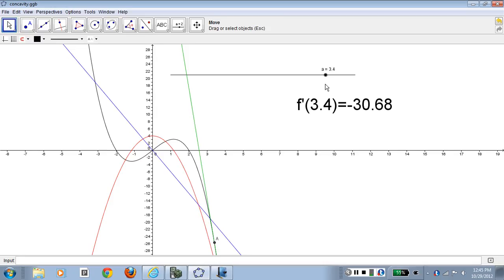Now, when a function is increasing or decreasing, we can tell when that's happening by looking at the sign of its derivative. So if I have a function, maybe I should call it g. If I want to know when g is increasing, I look at the sign of its derivative.